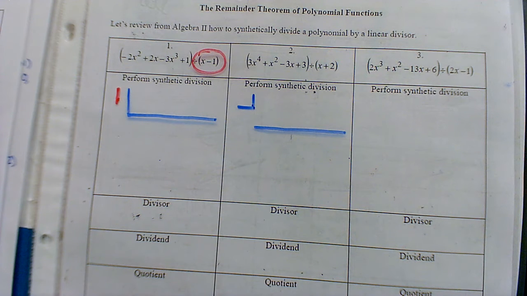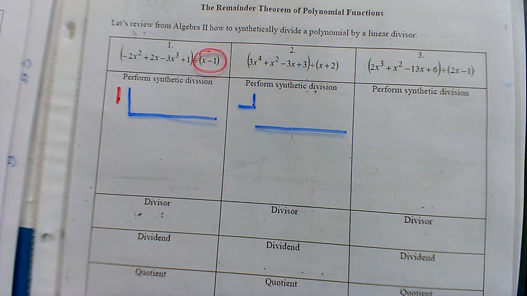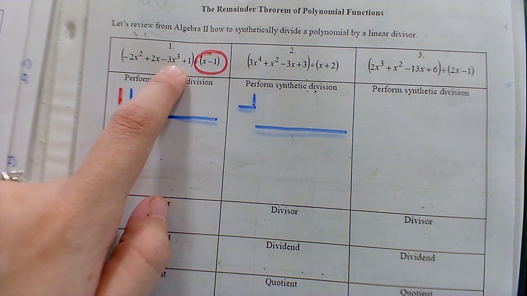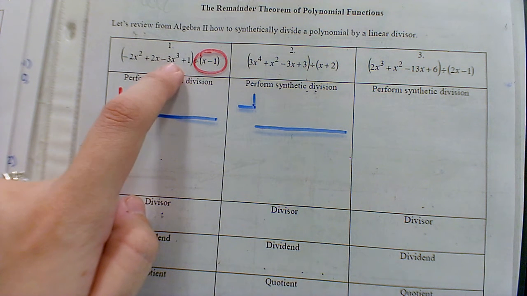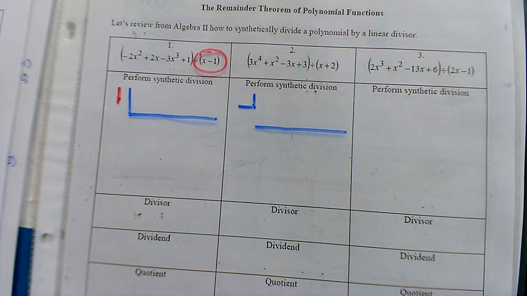But what's a little tricky with this one is that you have to make sure you write them in order. If you take a look at your polynomial right now, notice how the terms are jumbled. The largest power is not written first. It's actually written third. So you want to make sure that your polynomial or your dividend is written in standard form, from largest power to smallest power, nice order of progression.